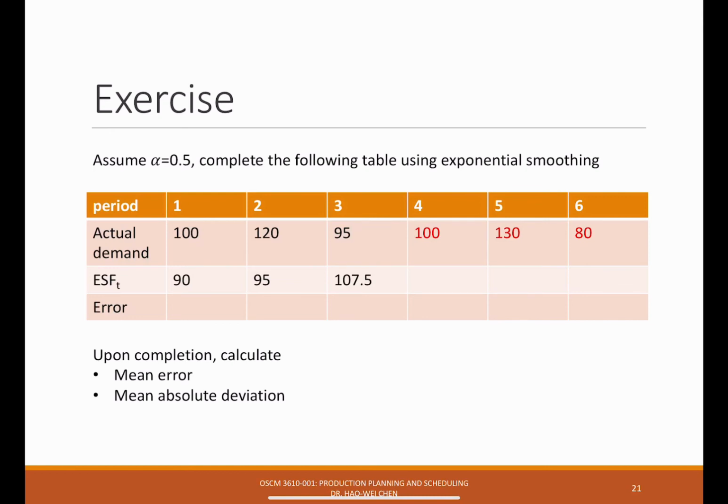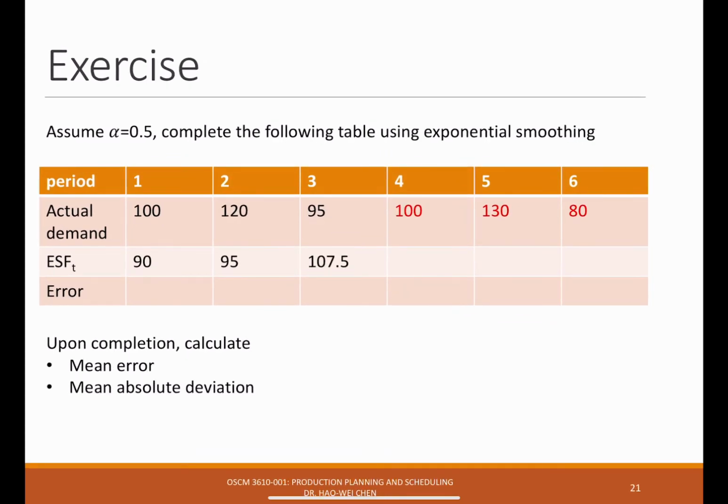We know if alpha is equal to 0.5, it means that I want to use the actual data times 0.5 plus my forecast result from the previous term multiplied by 0.5, and this is equal to 101.25.